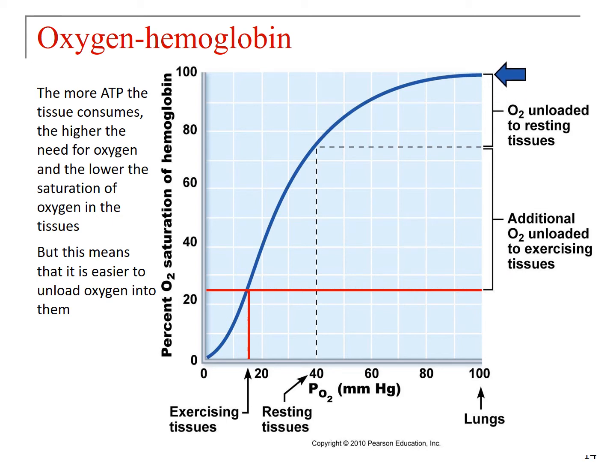That big a difference means it's a lot easier to unload oxygen onto exercising tissues. One of the cool things about this is the lower the oxygen that you have, the more you need it, the easier it is for you to get it. So high demand means quick unloading.